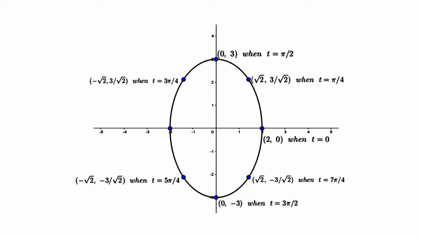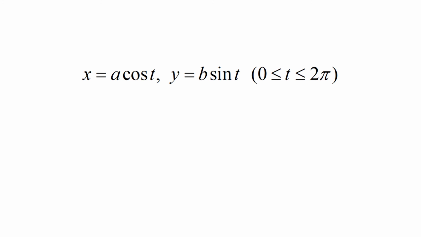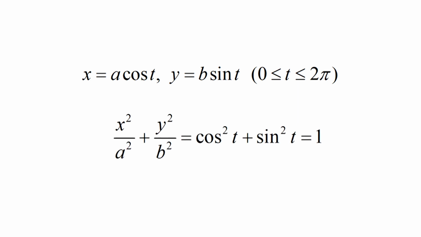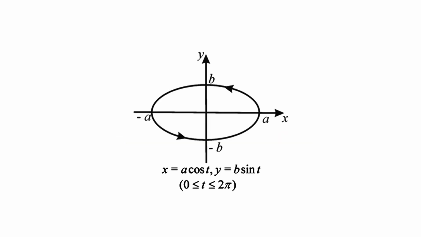on the y-axis. In general, if a and b are positive constants, then by eliminating the parameter t from the parametric equations x = a cos t and y = b sin t, where 0 ≤ t ≤ 2π, we obtain the equation in rectangular coordinates as x²/a² + y²/b² = cos² t + sin² t = 1, an ellipse centered at the origin and extending between -a and a on the x-axis and between -b and b on the y-axis.